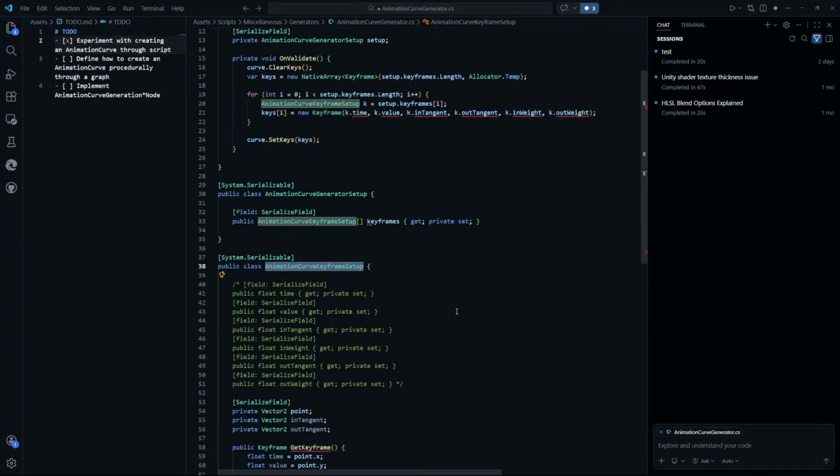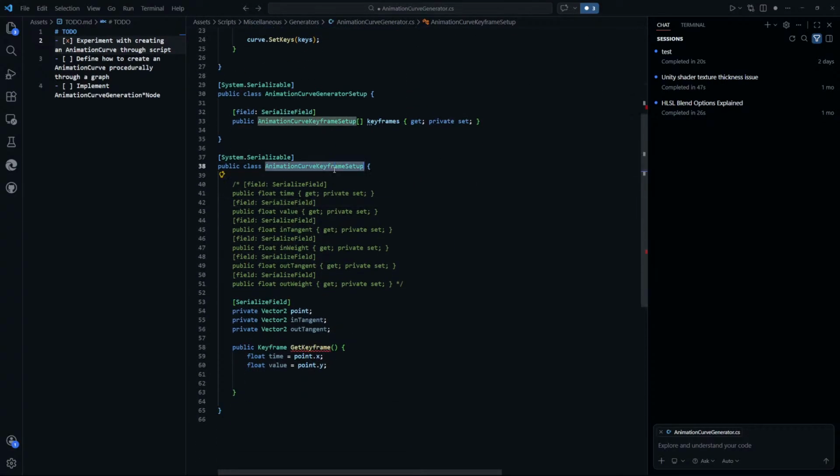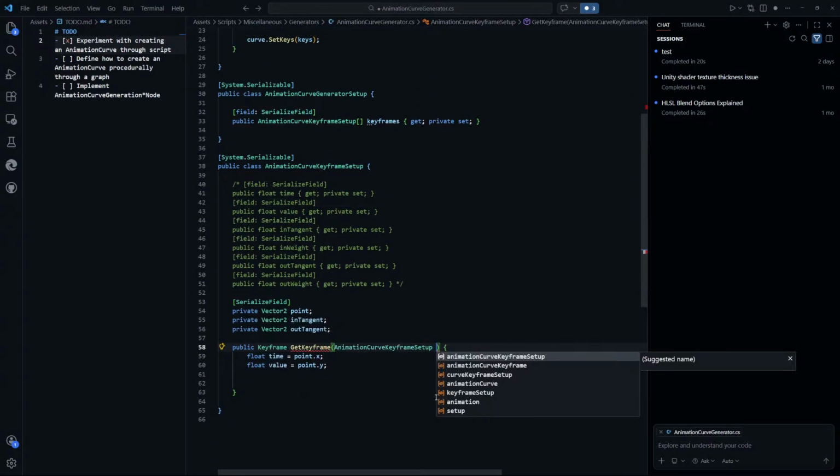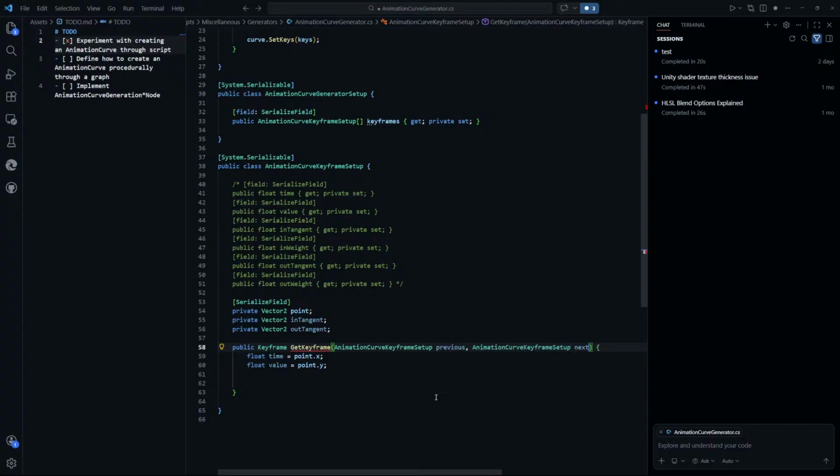Animation curve keyframe setup. Previous and next.